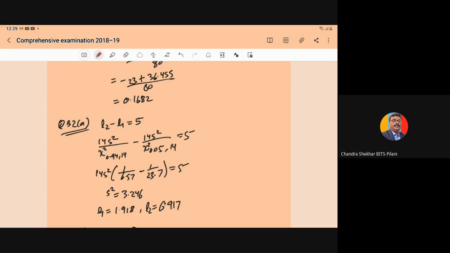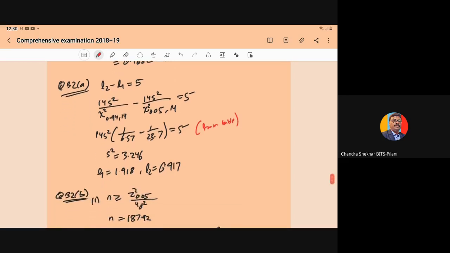And from the table of the chi square for degree of freedom 14, we have the following values for 0.94 and 0.05. So here we have the tabular value 1 upon 6.57 minus 1 upon 23.7. So on solving, you will get s square is equal to 3.246.